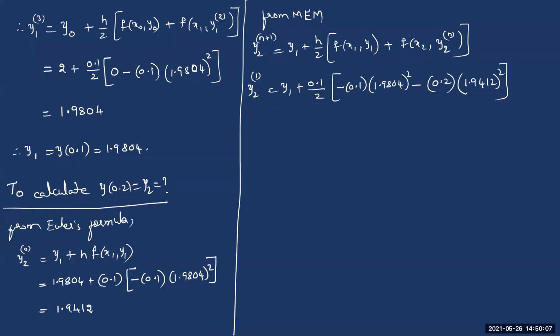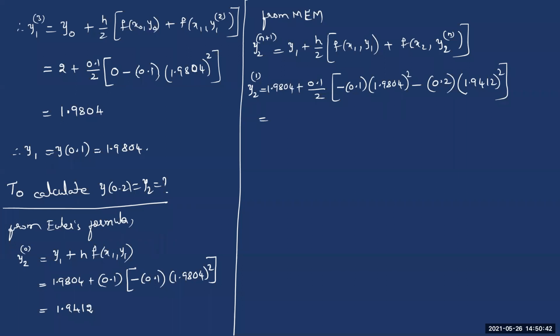How much is y1? I should write y1 also now. y1 is 1.9804. Let us just substitute this in a calculator and see how much you'll get. 1.9804. I'm just taking minus common from those two terms, so I'll write minus here.